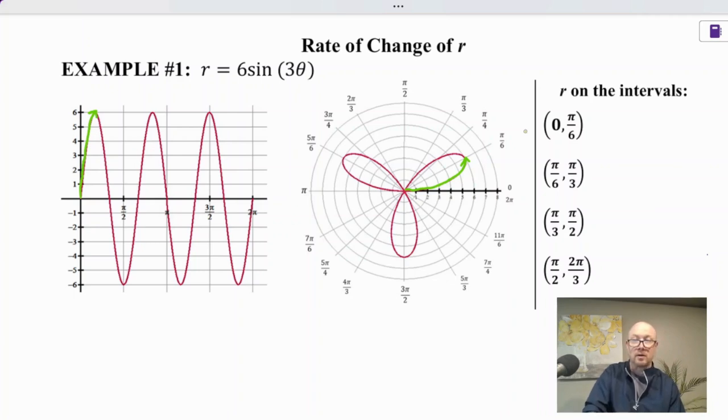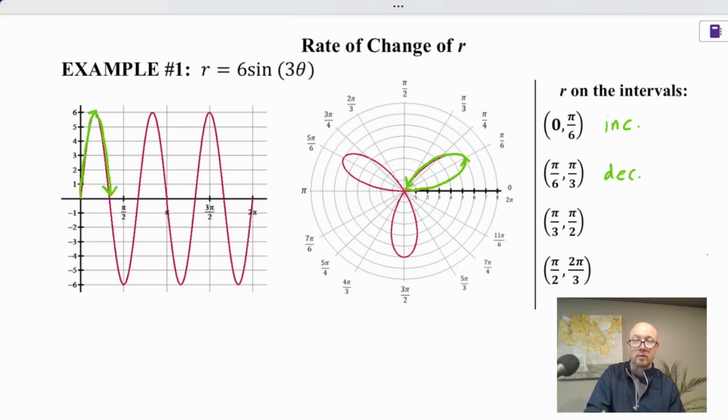So I can see here that the radius is increasing. All right. Now from pi over 6 to pi over 3, we're looping back around, starting at 6 now for the radius and going back down to 0. So that is visualized here on this graph. So now from pi over 6 to pi over 3, we're actually decreasing.